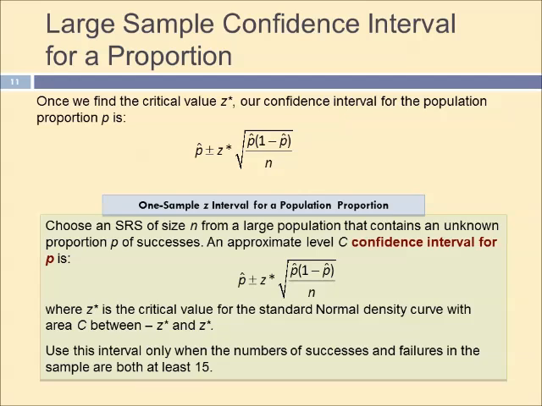Now, one of the conditions here, and why we're calling it a large sample confidence interval, is that we want to use this interval only when the number of successes and failures in the sample are both at least 15. For values less than that, we need to use another procedure we'll talk about.